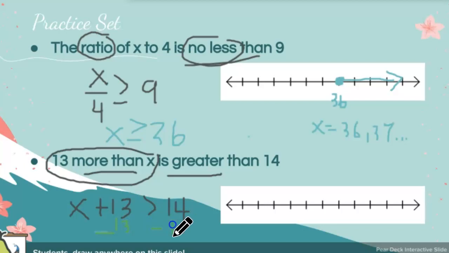So x is greater than 1. I could just put 1 here, and it's only greater than, not equal to. So that's 1, and it should be greater, so we go this way. So the answer is 2, 3, 4, and 5. So x is 2, 3, 4, 5, and so on.